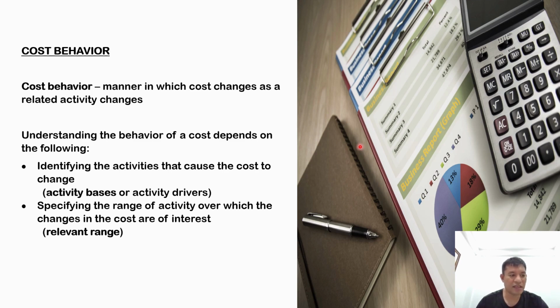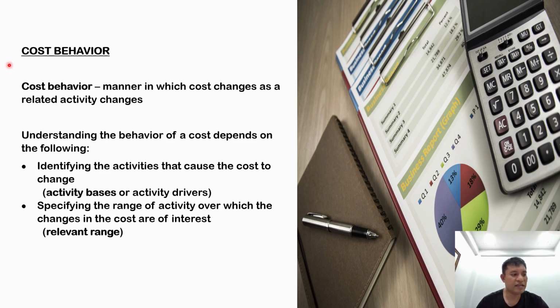So these activities are called activity bases or activity drivers. And second, specifying the range of activity over which the changes in the cost are of interest. And this range of activity is called the relevant range.